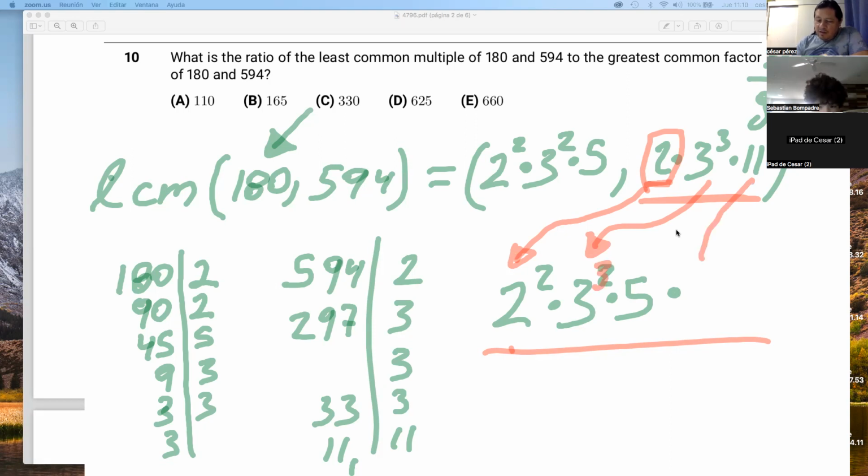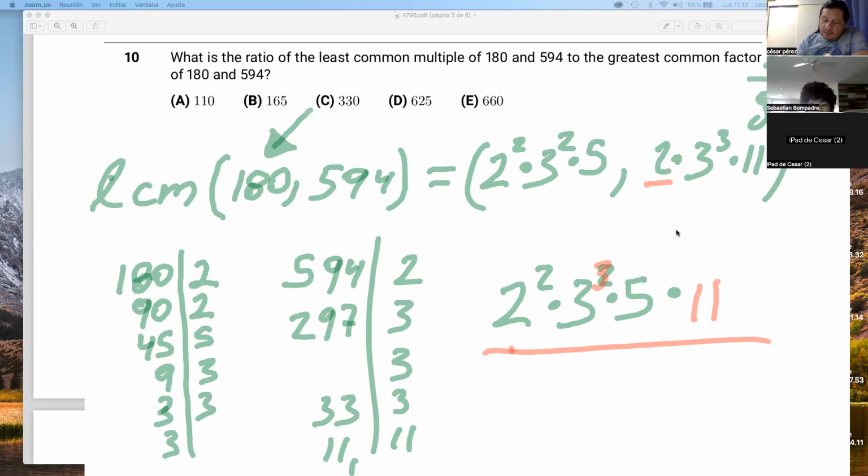And we need an 11. Okay? Do you understand the idea? Yes. Okay. So if you need to find the least common multiple of these numbers, first you must factor them.